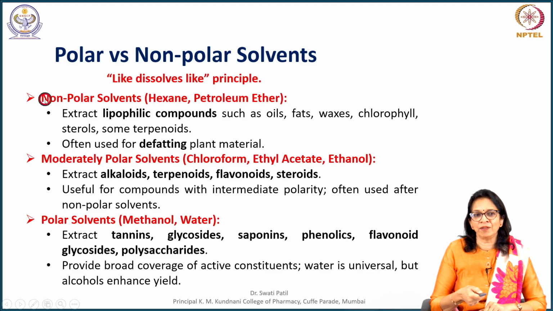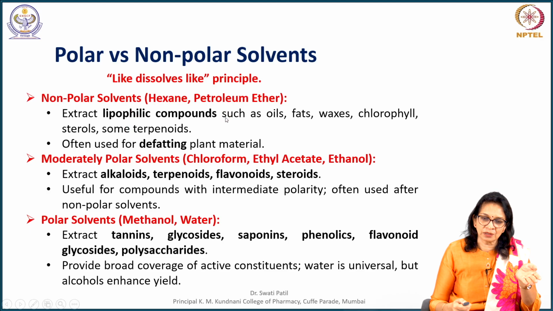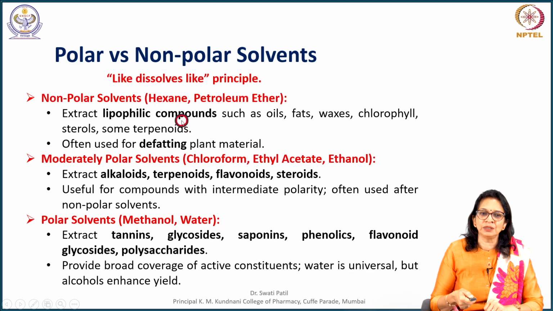So, whenever we have lipophilic compounds and we are making a traditional system of medicine, we use only the natural solvents for extraction. Non-polar solvents may be used in modern day extraction for defatting the plant material, so that it becomes easy for us to extract the bioactive which is present inside.